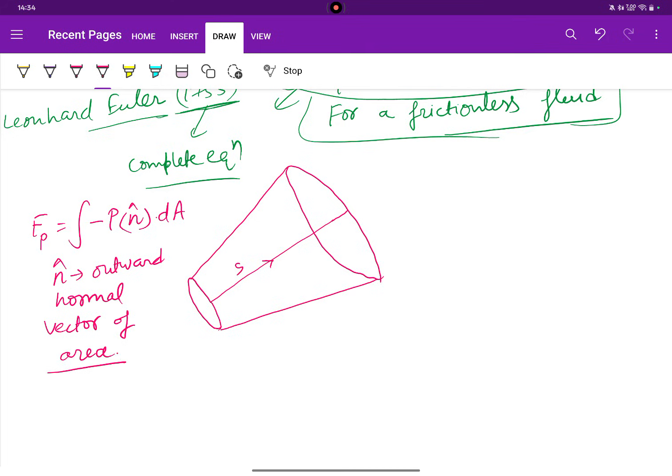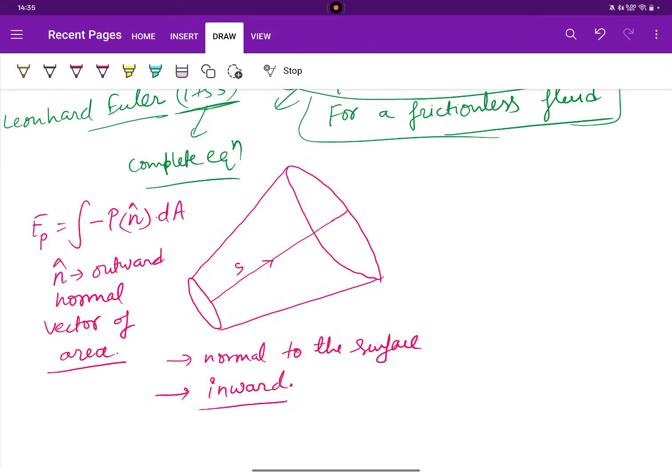So this means the pressure force is going to be normal to the surface, and always inward. Fine. So this is it.